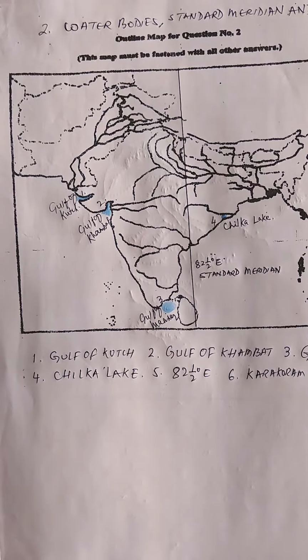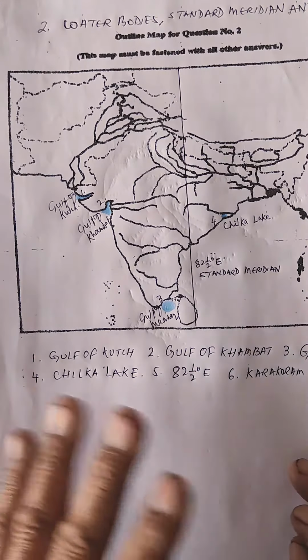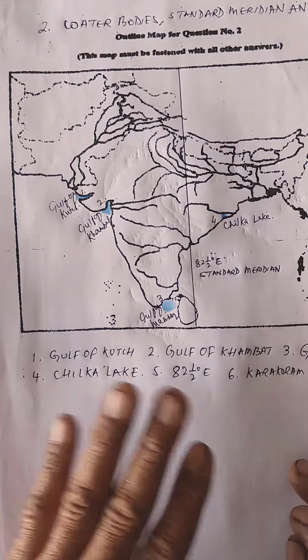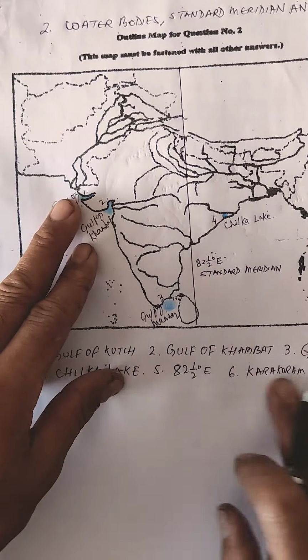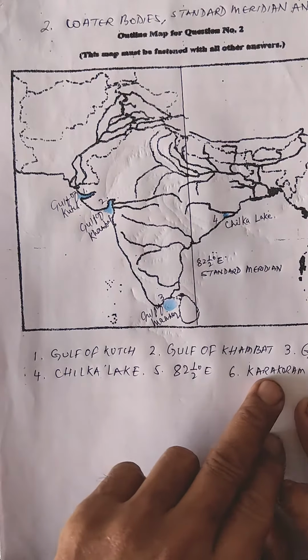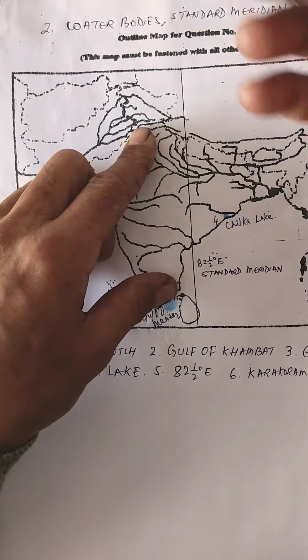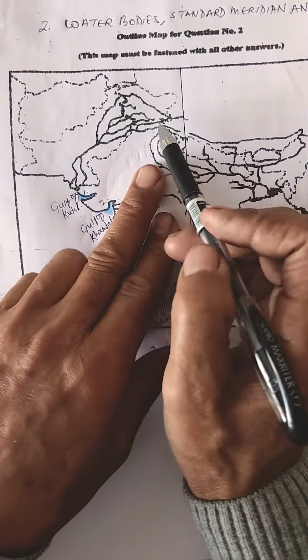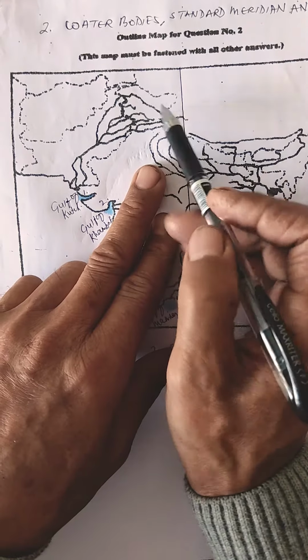Okay, and then comes the Karakoram Pass. There are other passes also, but in this particular 2021 batch, your syllabus is reduced, so only one pass. Nathu La pass you don't have to label. This Karakoram Pass is here, on the international boundary between China and India.